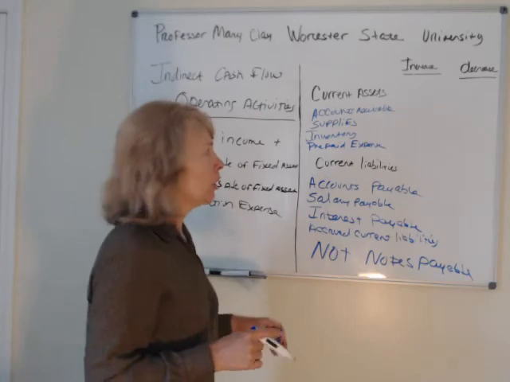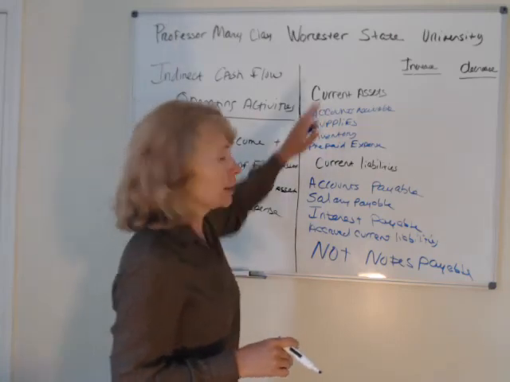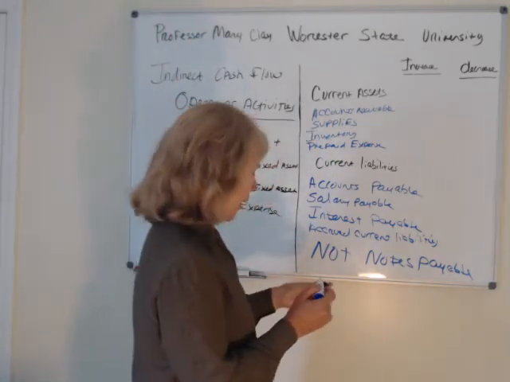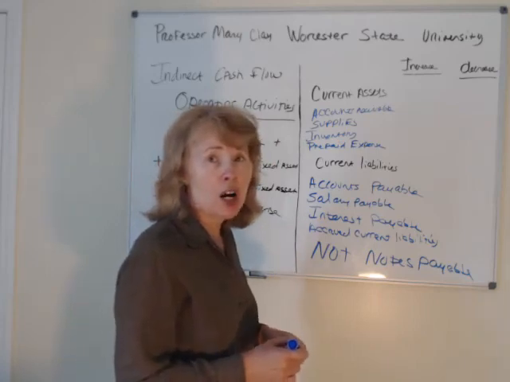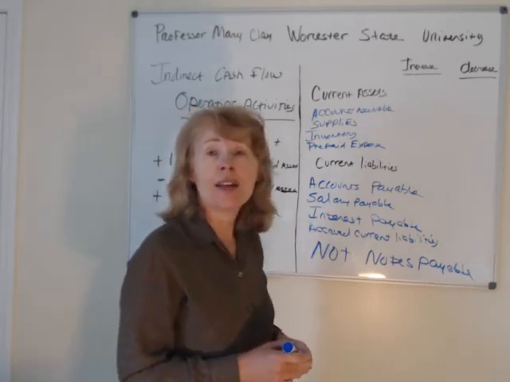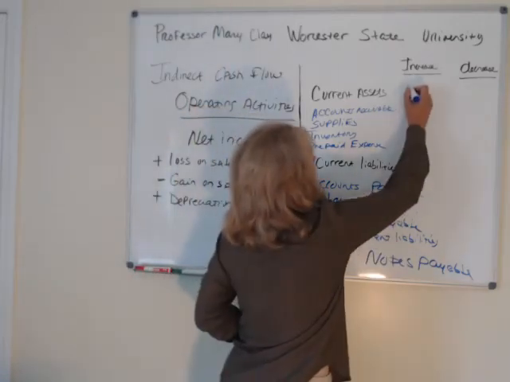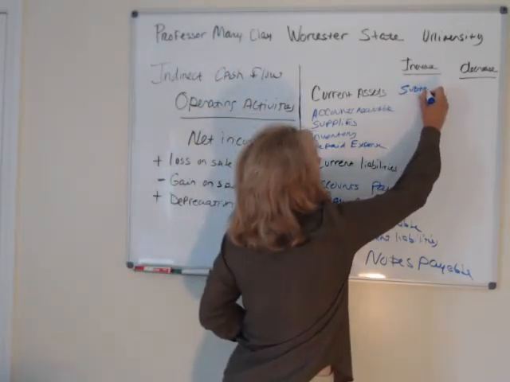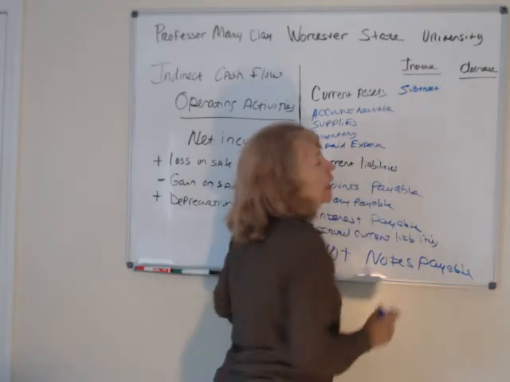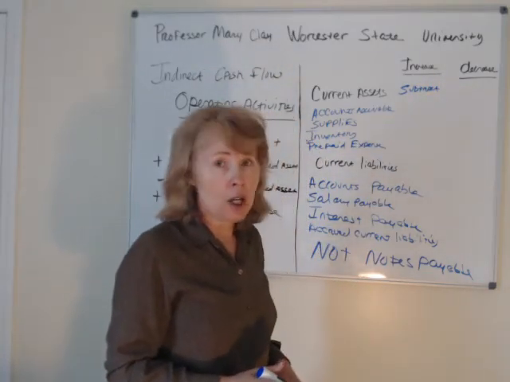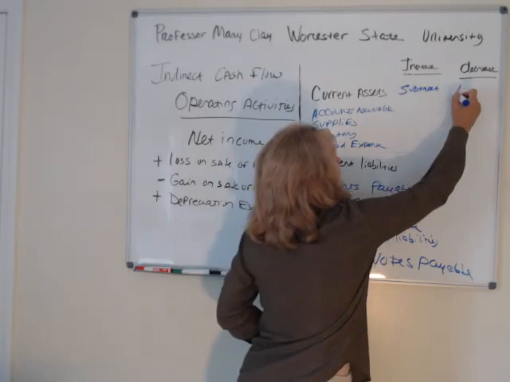All right, so now I'm going to go back here. We talked about current assets. Okay, so here are the rules. If current assets increase, they're not logical, so if they increase, you're going to subtract. If they decrease, not logical, you're going to add.